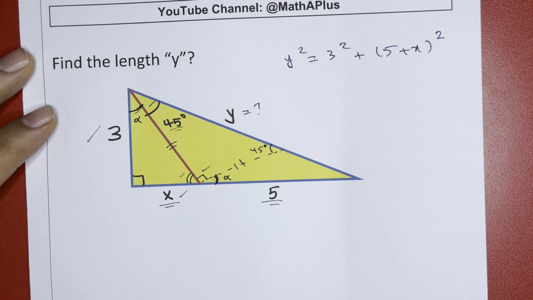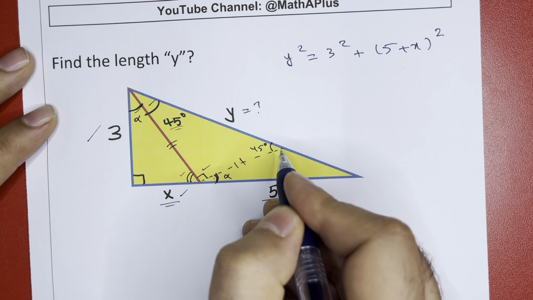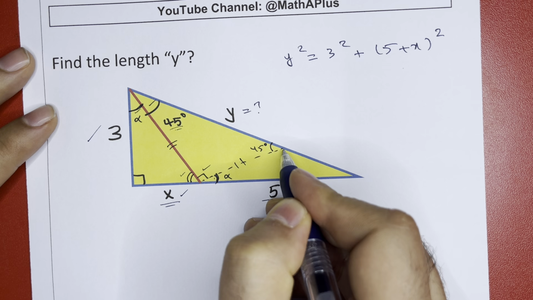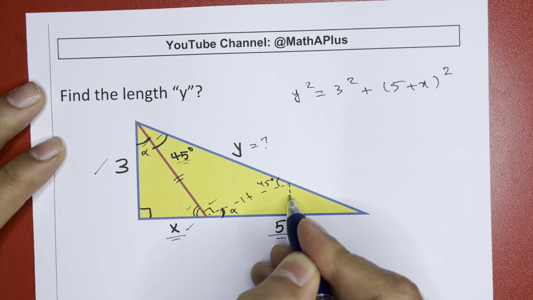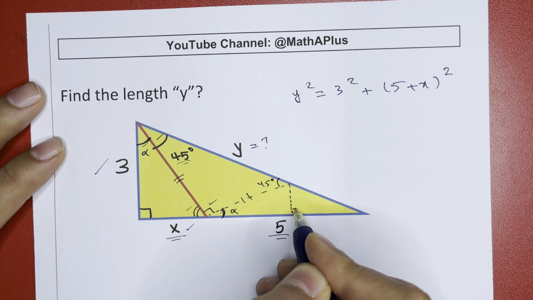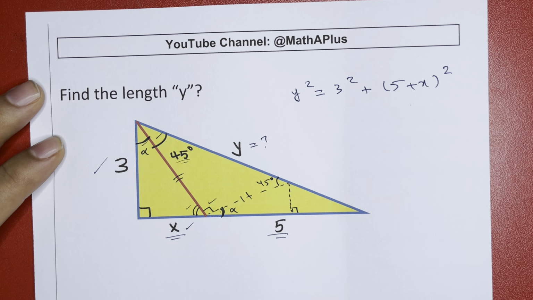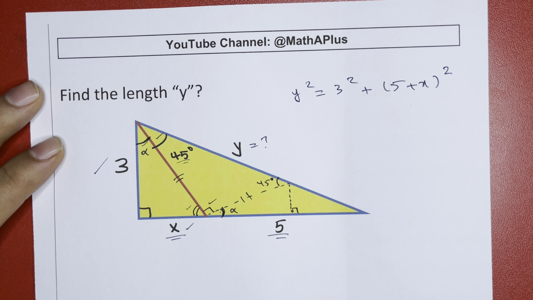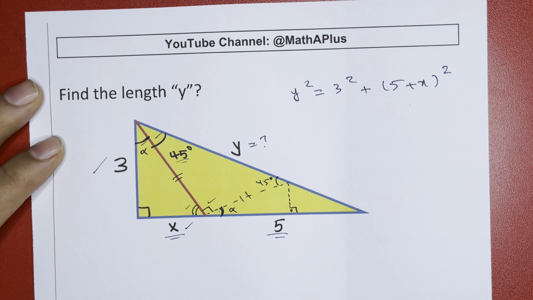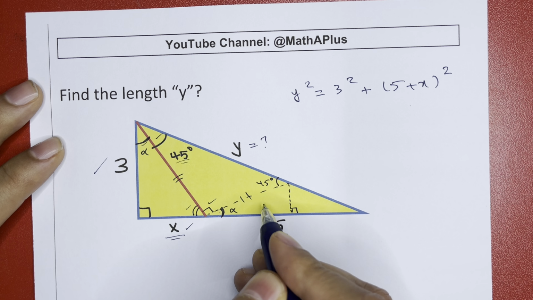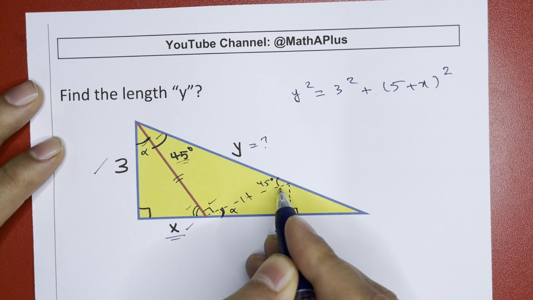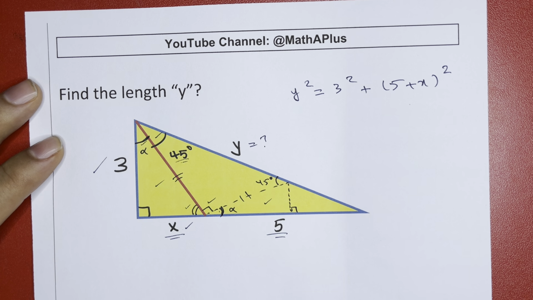Perfect. So now what I can do next is I'm gonna sketch another line, like this, that is perpendicular to the base here, 90 degrees. So look at these two triangles first. This triangle here, and this triangle here.